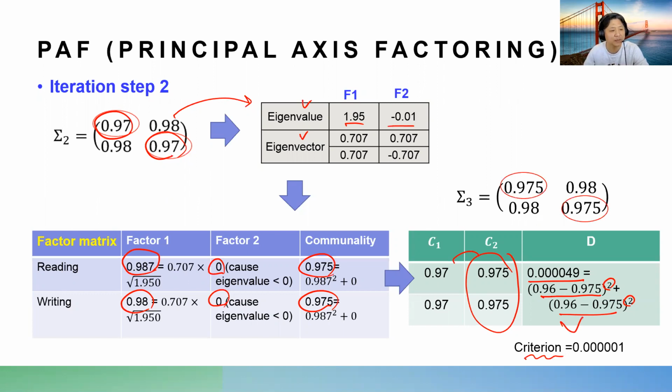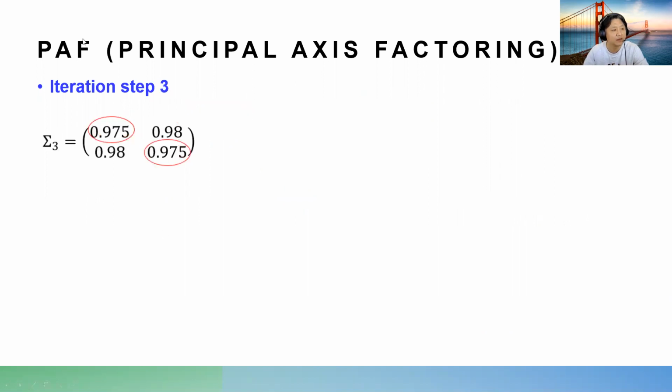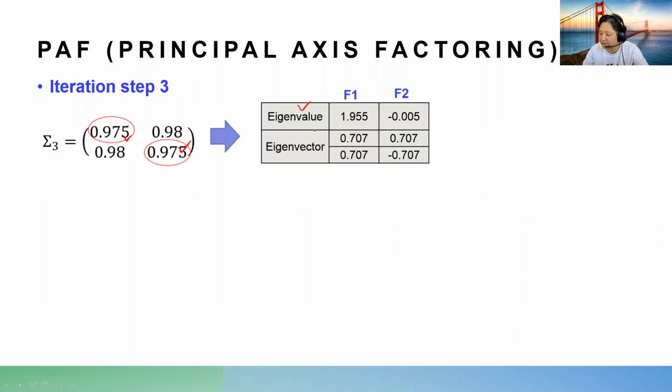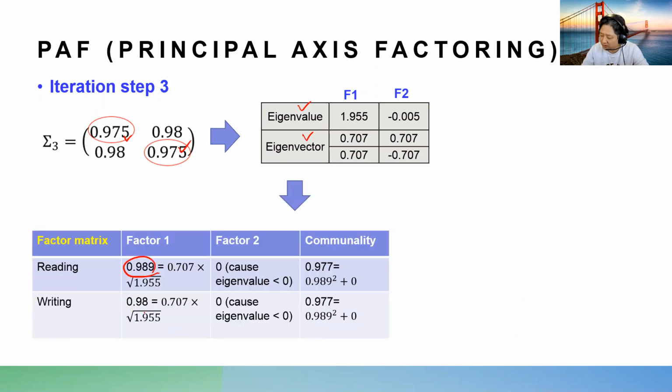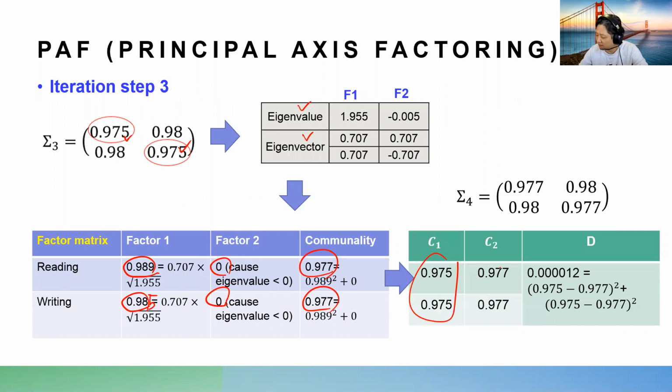One more. Now update our communality here, compute the eigenvalue and eigenvector, compute the factor loading, and the communality, and update again.